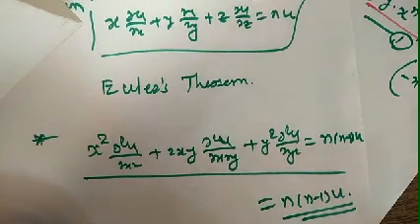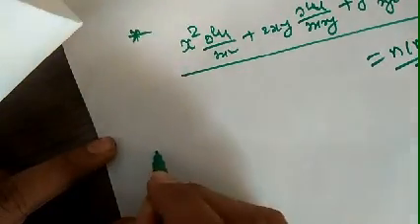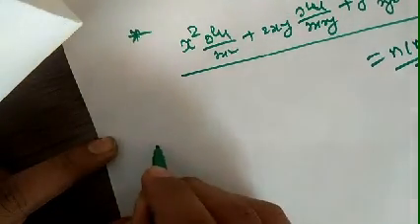Means second order. I will write the statement of Euler's theorem in first and second order form.